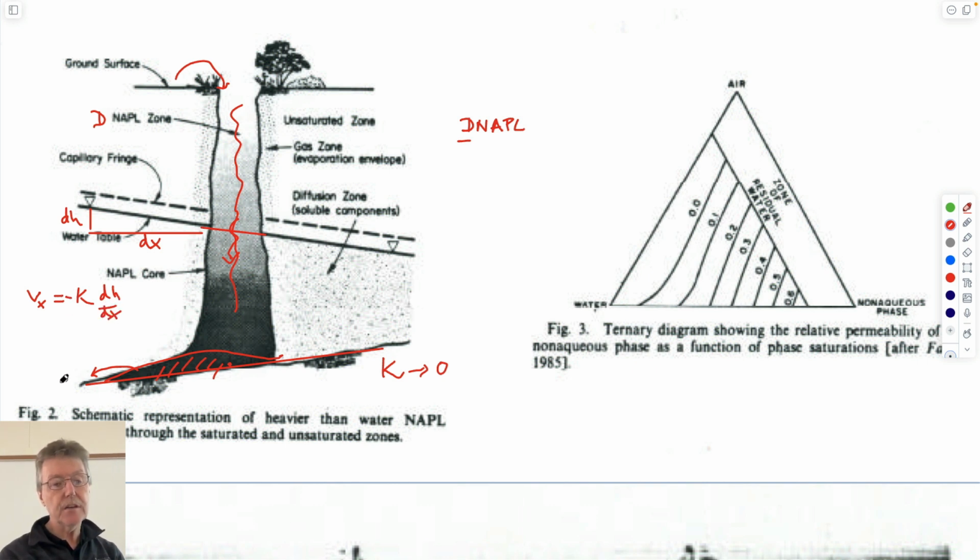It's actually got a negative sign there because this gradient is negative, but the flow velocity is in this direction. Velocity is a vector quantity, not just a scalar. And so in this case, you have water passing through this smeared core of water and dry cleaning fluid, DNAPL. And so it will pick up some of this and it will carry it downstream as a plume.